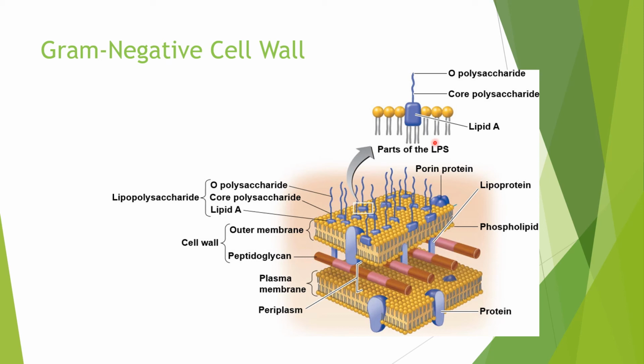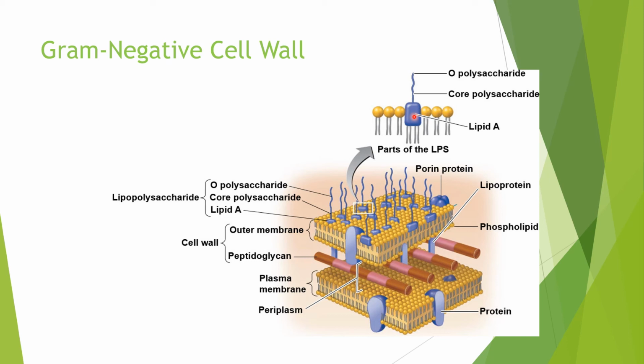Another thing that's going to help out the bacteria is that lipid. Lipid A is basically the lipid portion of the lipopolysaccharide, and that lipid, as you can see, is embedded in the outer membrane of the gram-negative bacteria. And so what happens is when a gram-negative bacteria dies, they actually release their lipid A, which is going to act as an endotoxin.